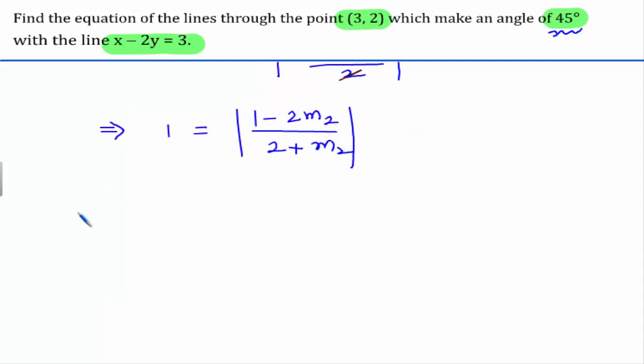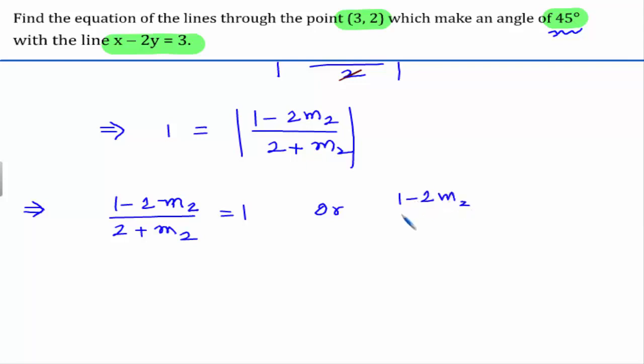Now we will open the modulus. Then we get two cases. That is, (1 minus 2 m2) by (2 plus m2) is equal to 1, or (1 minus 2 m2) by (2 plus m2) is equal to minus 1.